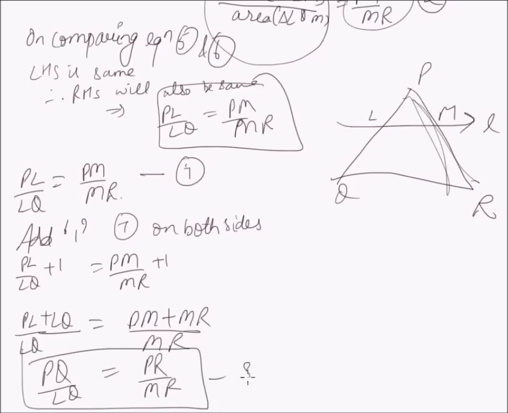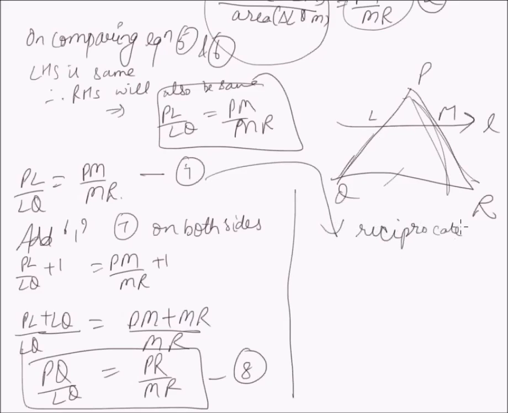This is the second part of this theorem, which says that the ratio of the divided part over the complete side is the same on both sides. Now if we move a little further, reciprocate 7, we will get LQ over PL is equal to MR over PM. Now again add 1 to both sides.